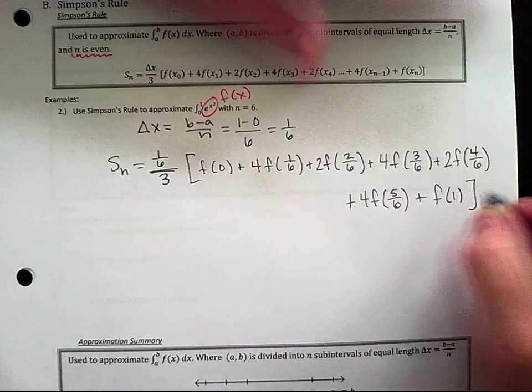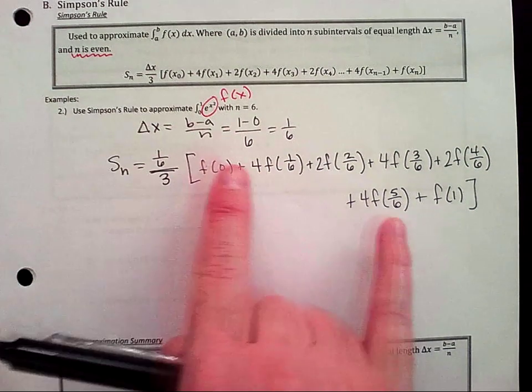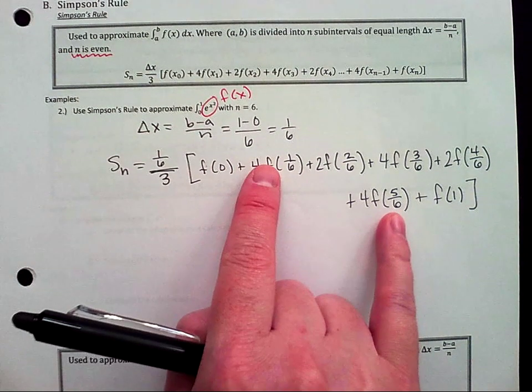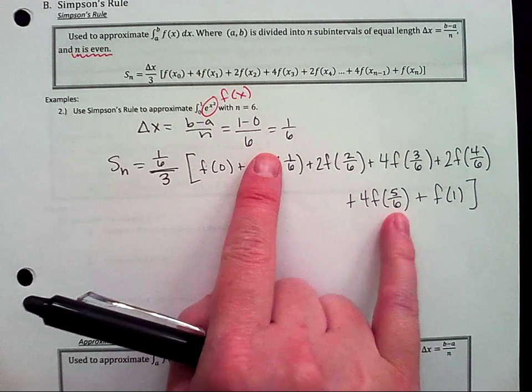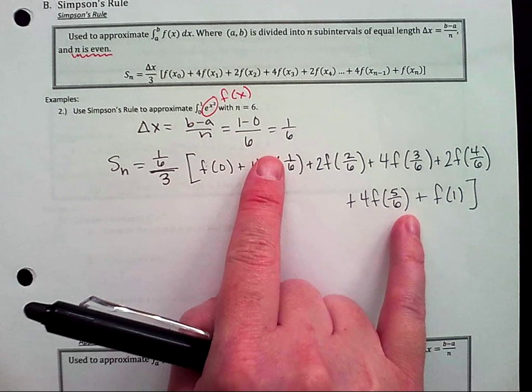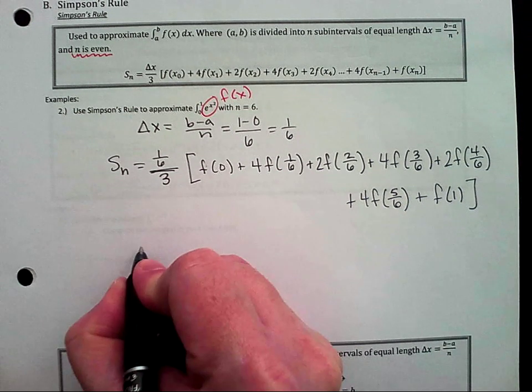So 1 times the endpoints, and then alternate between 4 and 2. But your first one is 4, and your last one is 4, right? So that's why it has to be even. If it's not even, you're not going to end with a 4.